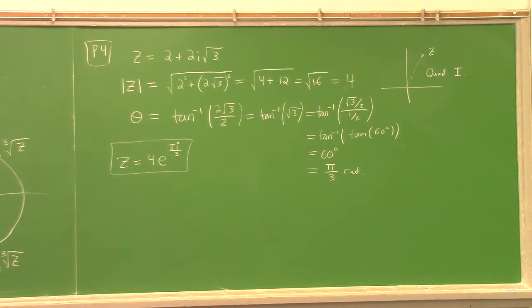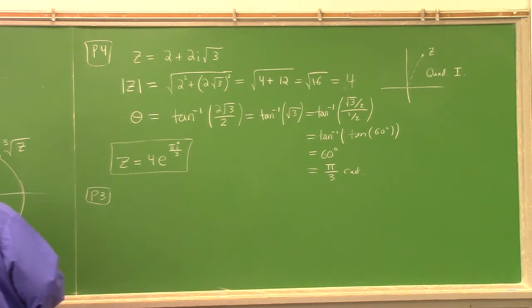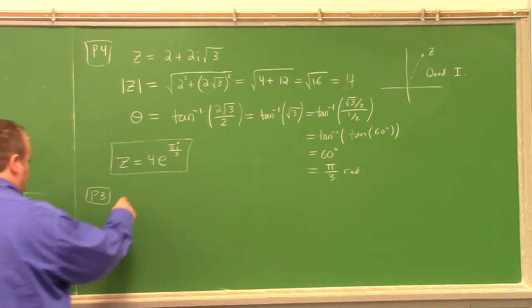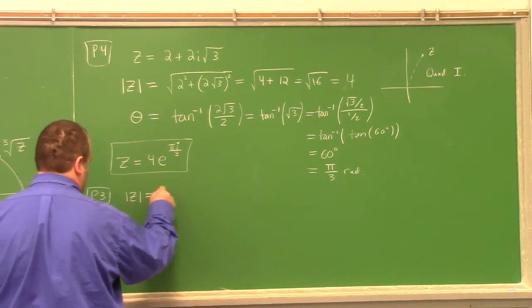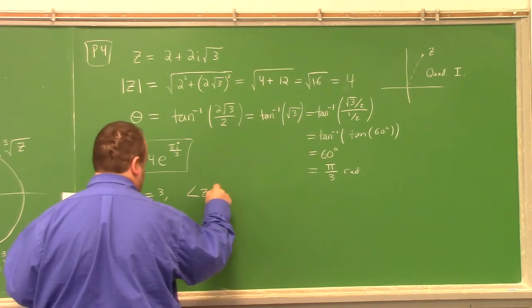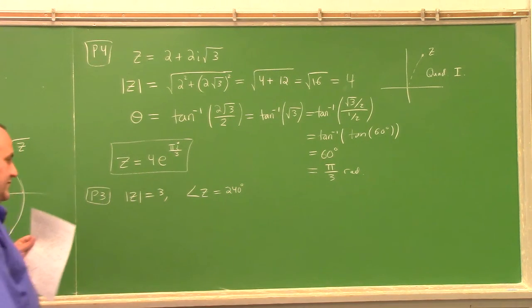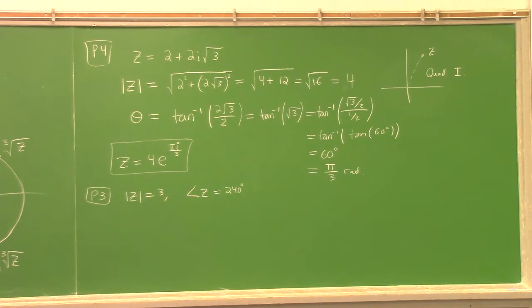Problem 3. Maybe I can fit it down here. Let's see here. Problem 3, we have the magnitude of z is 3. The angle of z is 240 degrees, right? So we need to convert that to radians to use the imaginary exponential.